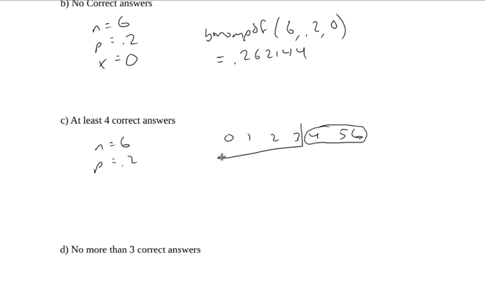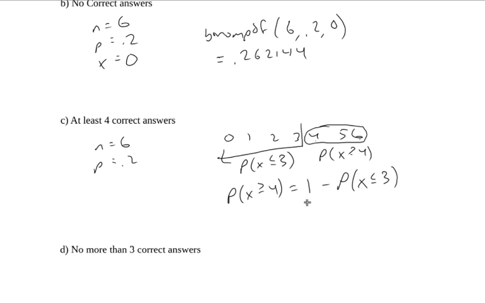Or what I'm going to do is use my complement rule and figure out the probability of getting less than or equal to 3, and use that as my complement. So the probability that x is greater than or equal to 4 is equal to 1 minus the probability that x is less than or equal to 3. Those are complements. And this less than or equal to 3, that's the thing I can use my binomial CDF on.